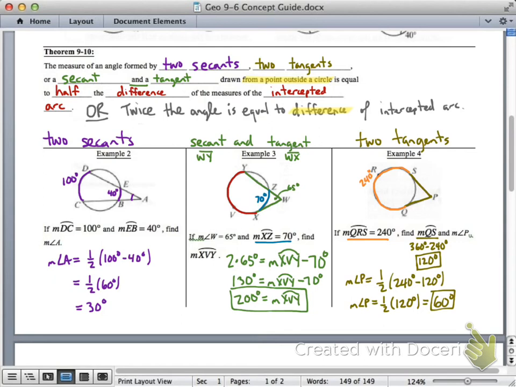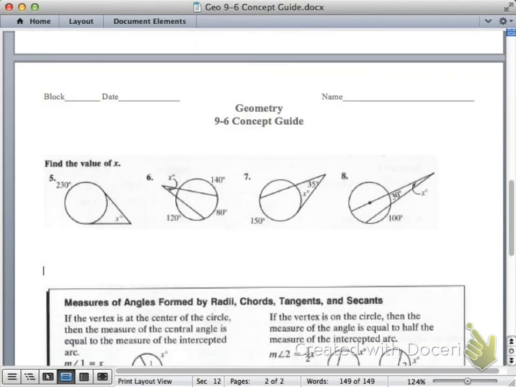Okay, turn the page over and there's a chance for you to try a few. On number 6, notice that it doesn't give you this little arc, but it gives you the entirety of the other circle, so you should be able to find that one.